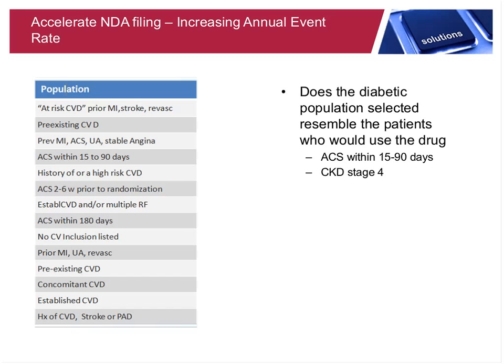For instance, you could easily design a study in type 2 diabetics with stage 3 or stage 4 CKD. It might be very, very difficult to find a number of patients to completely enroll this study.